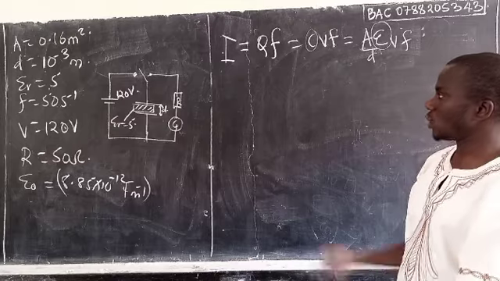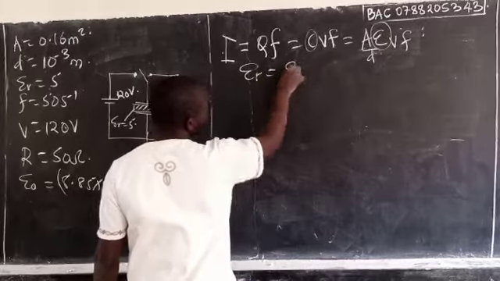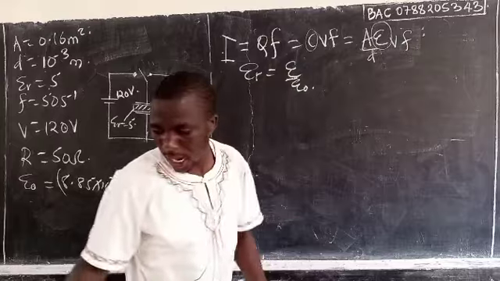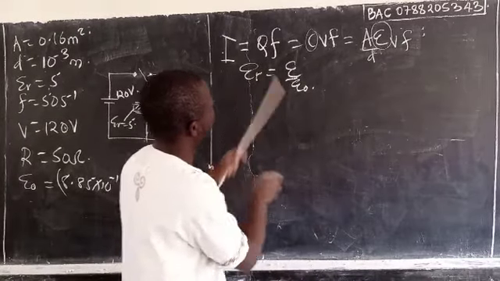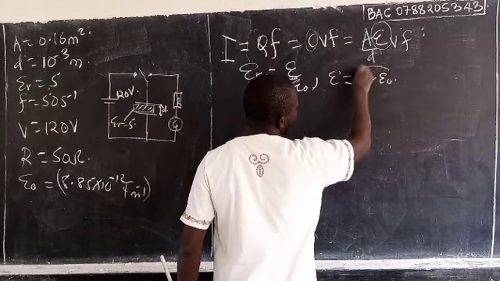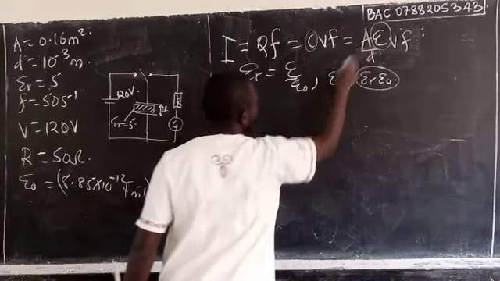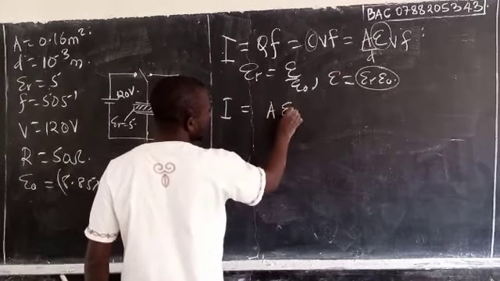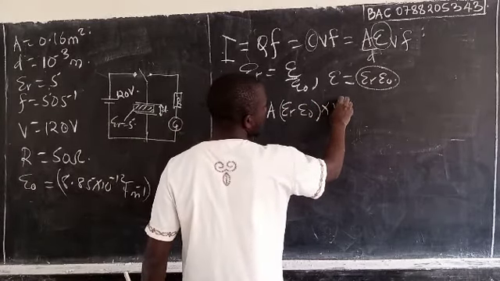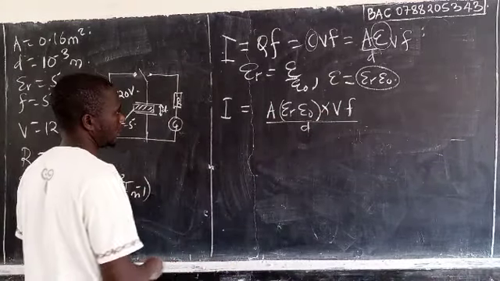We are only given its relative permittivity. From the definition, relative permittivity is the permittivity of the medium over the permittivity of air. Meaning, I can cross multiply, and therefore the permittivity will be epsilon r epsilon naught. Therefore, my current I will be, I substitute A, permittivity epsilon r epsilon naught, then V, then F out of D.